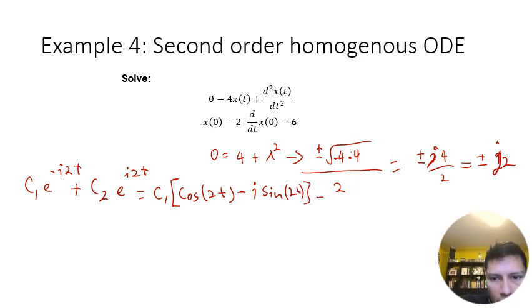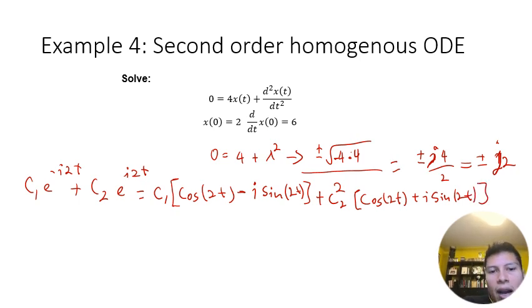And then we can write our C2 times cosine 2t plus i sine 2t. And then we just can combine all the like terms.